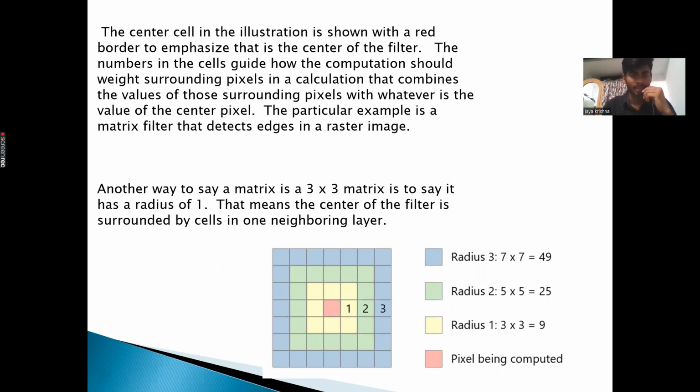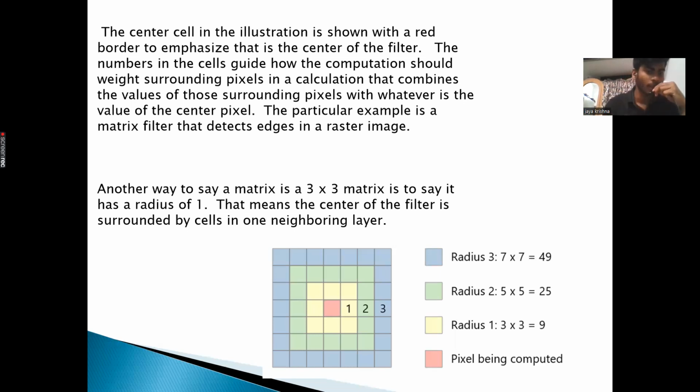The numbers in the cells guide how to compute, weighing the surrounding pixels in a calculation that combines their values with the value of the center pixel. This particular example is a matrix filter that detects the edges of a raster image.